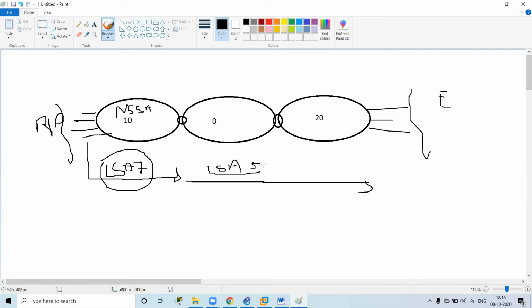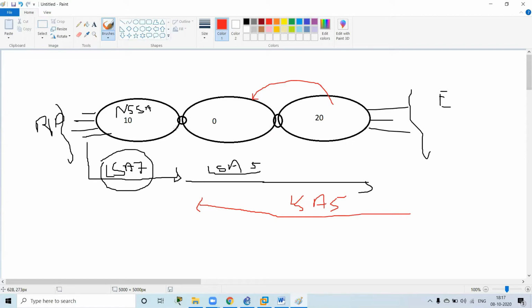And when routes are coming from EIGRP on this side, they will be external routes, E1 and E2 routes, coming from this area to this area.